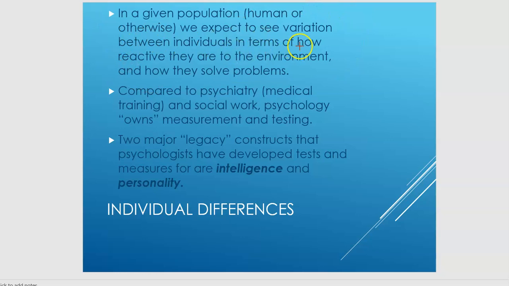And when we are talking about how reactive they are to the environment, think back to when we were talking about behaviorism and how the behaviorists said all of our behaviors are determined by previous reward or punishment from the environment, where reinforcement or reward makes the probability that a behavior goes up, and punishment makes the probability that a behavior is repeated go down.